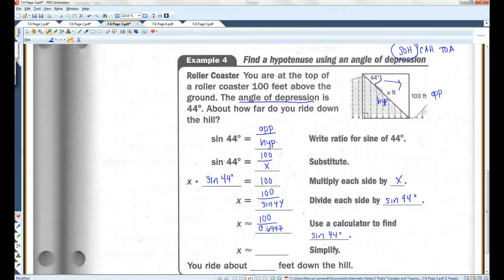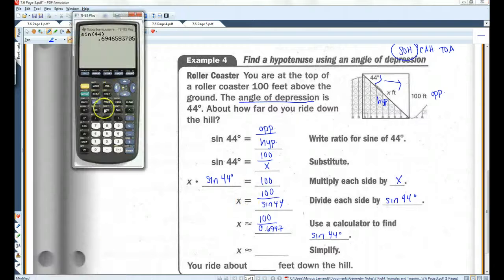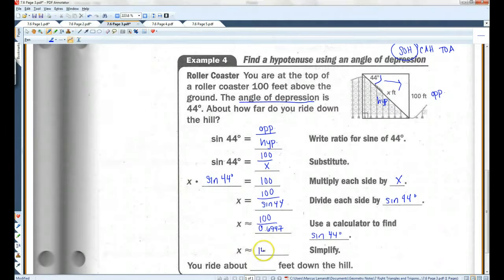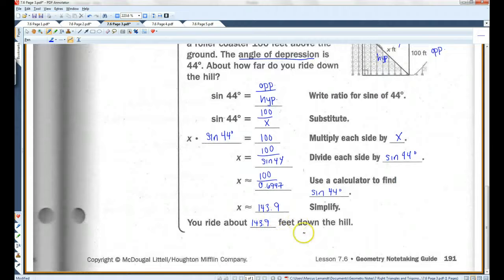Then when we divide that, 143.94, or I'll just put 143.9. So you write down about 143.9 feet down the hill.